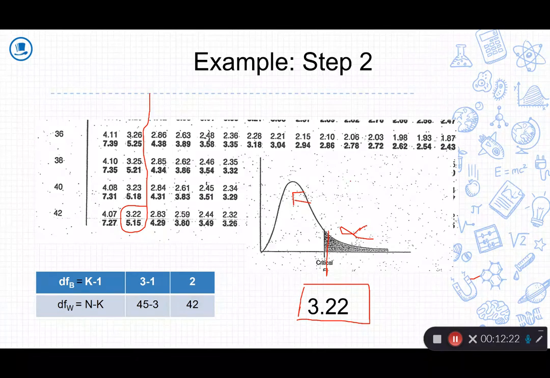It looks like a one-tailed rejection region, but remember the alternative is really two-tailed. So here we're going to reject the null hypothesis if the F observed is greater than or equal to, and it's always going to be greater than or equal to the tabled value here, 3.22.